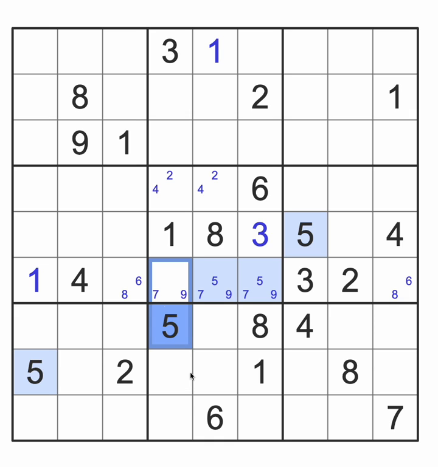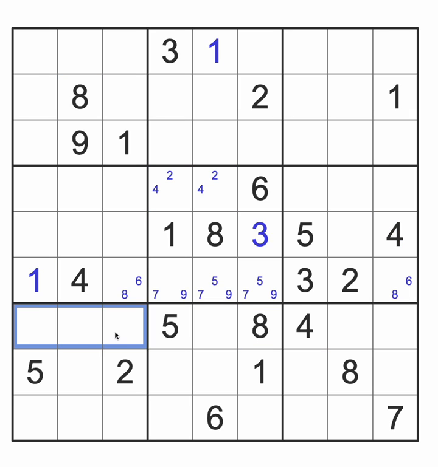What am I looking at? 2 6 7 9. Oh, okay. There's a double in box 7, because column 2 has 4 and 8, and row 7 has 4 and 8.